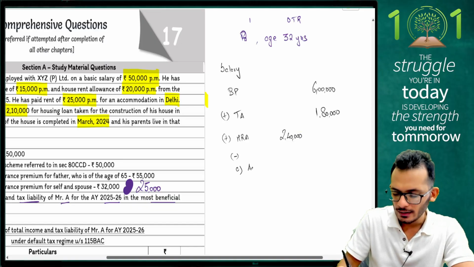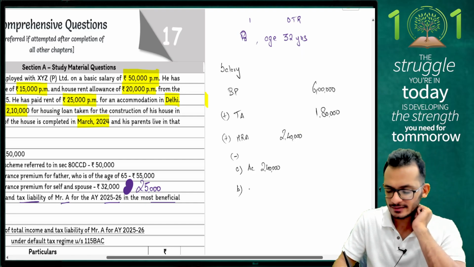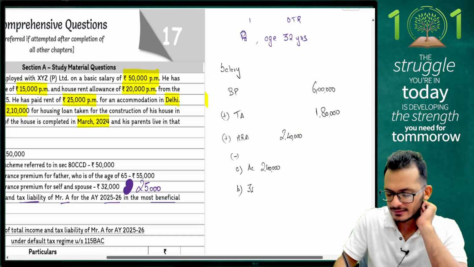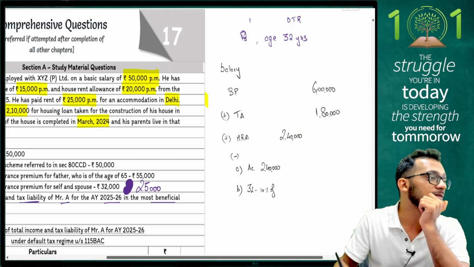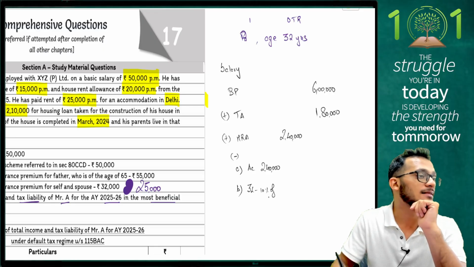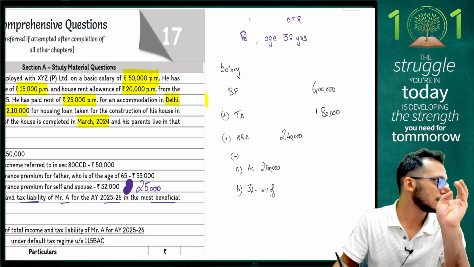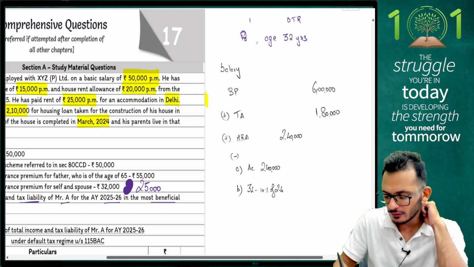Exemption is least of the three. One is actual 2,40,000. Next is rent paid minus 10% of salary. Rent paid is 25,000 into 12, therefore 3 lakhs, minus 10% of salary, meaning basic plus DA forming part plus turnover commission. Do I have any DA forming part? No. Answer is basic salary, which is 2,40,000.